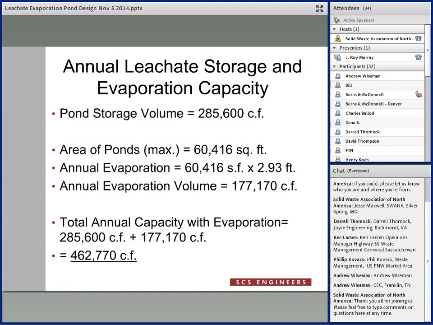So if we add that annual capacity of that pond storage volume of 285,000 cubic feet to the evaporative capability of 177,000 feet, we figure we can handle with that pond over 460,000 cubic feet a year.